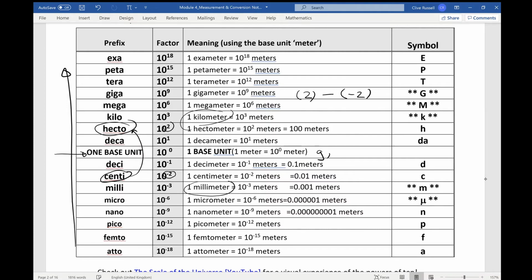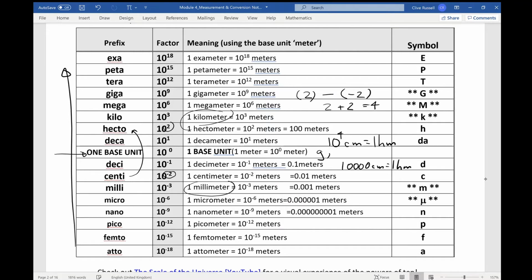So 2 minus -2 is the same as 2 plus 2, which is 4. So what it means is that 10 to the 4th centimeters is equal to 1 hectometer. 10 to the 4th is the same as a 1 with 4 zeros. Okay, that's one case.